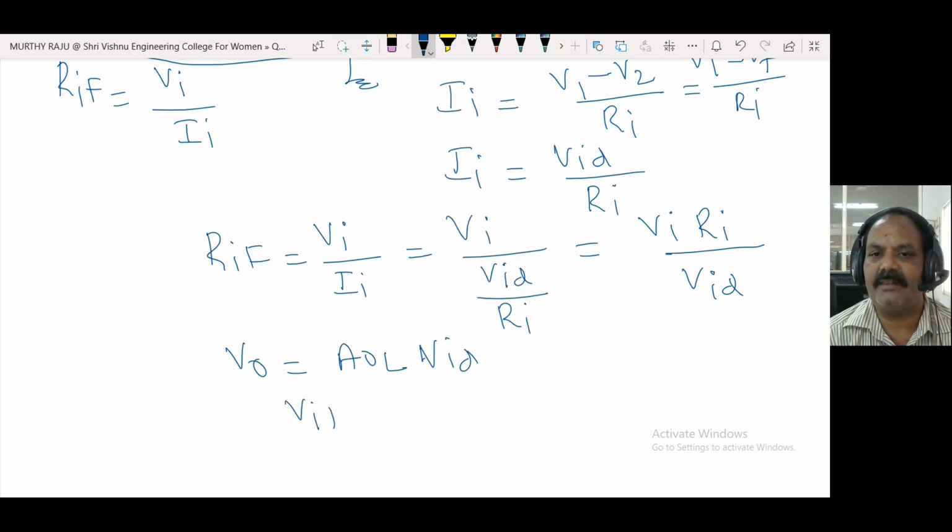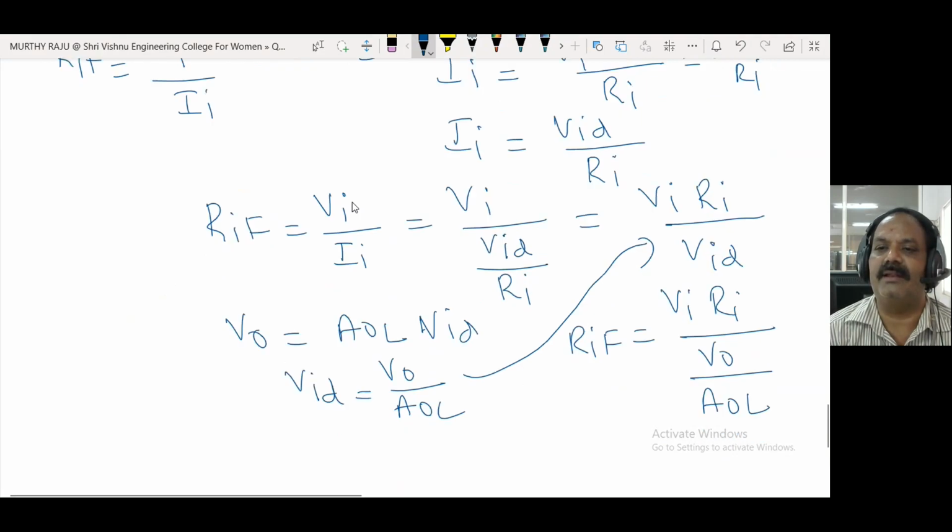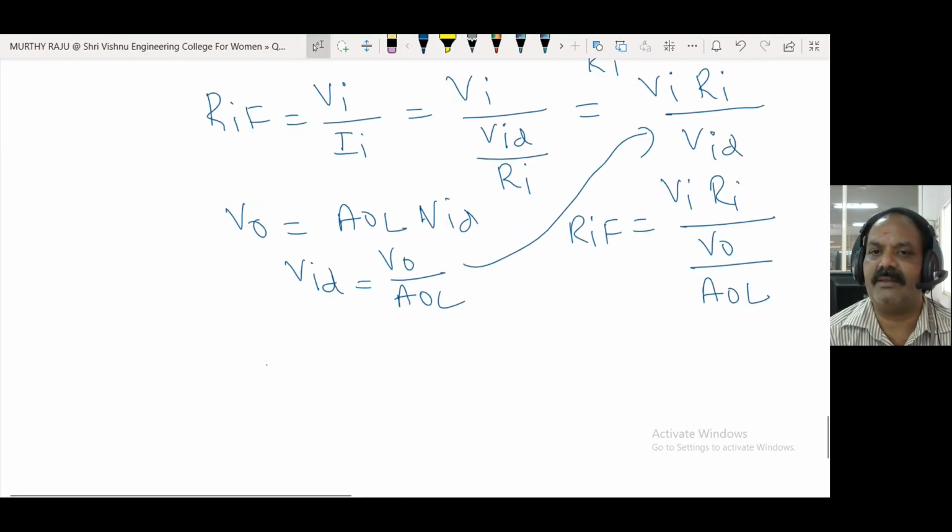Therefore, VAD is equal to V0 by AOL. Substitute here. Therefore, RIF is equal to VI RI by VAD, which is V0 by AOL.